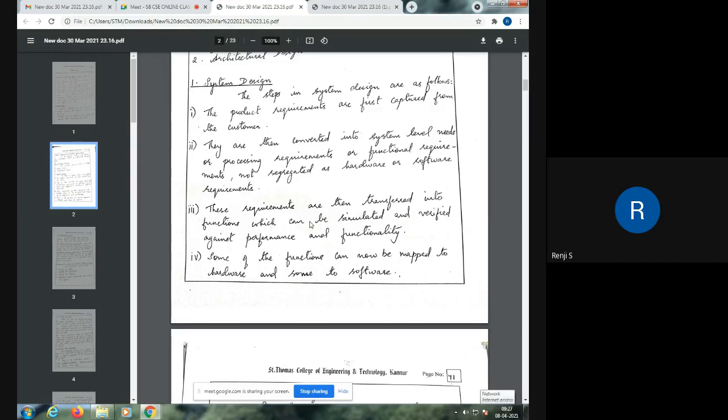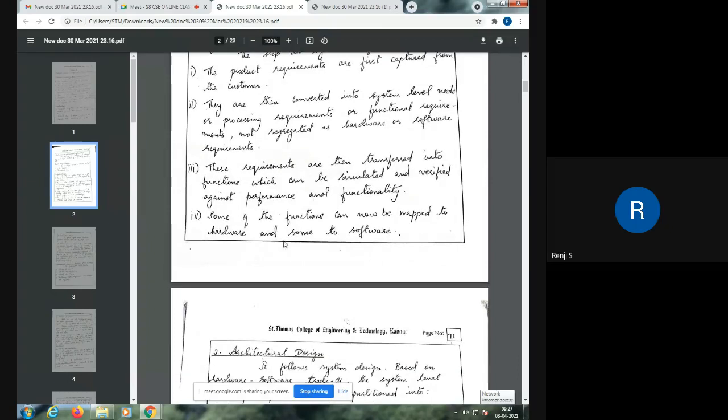And then finally, after simulating the requirements and transferring them into functionalities, some of the functions are mapped to hardware and some of the functions are mapped to software. It is at this stage that hardware and software functionalities are distinguished. And with this, the first stage comes to an end. That is, the system design comes to an end. So at the end of system design, the developers will have certain functions that are mapped to software and certain functions that are mapped to hardware.